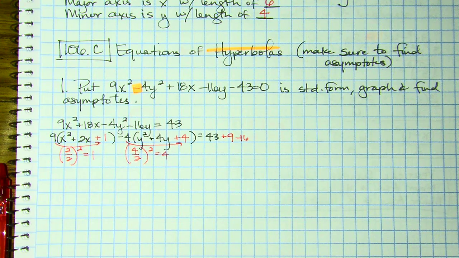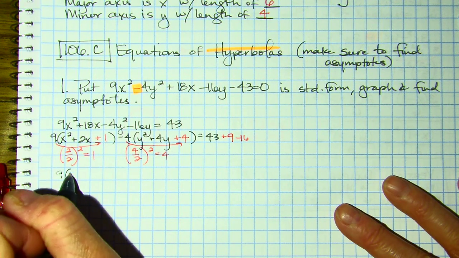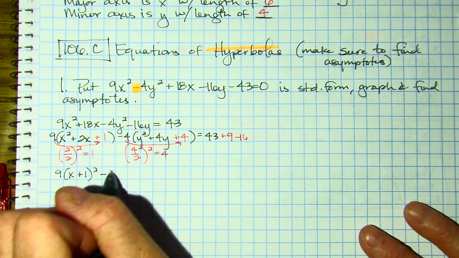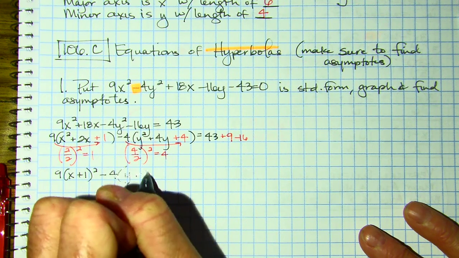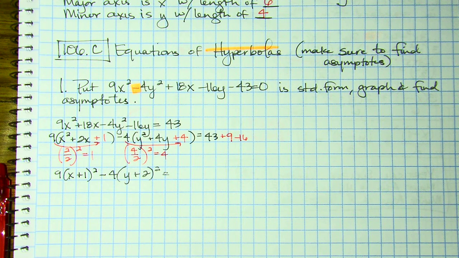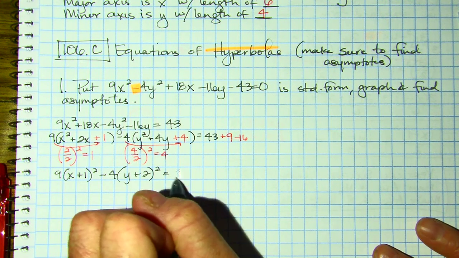So let's factor this. So 9 parentheses x plus 1 squared minus 4 parentheses y plus 2 squared equals 43 plus 9 minus 16, which is 36.